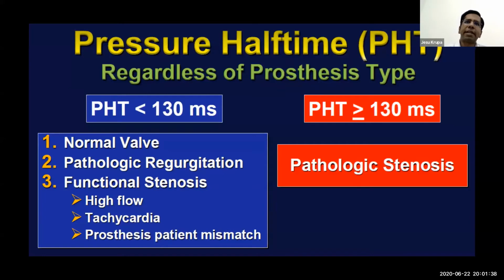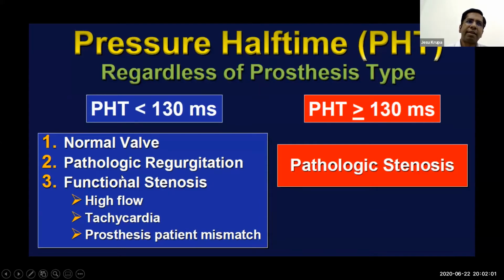Now, pressure half time, like I said, is extremely important, and the reason is this. We looked at the various reasons why you can have a high E velocity, a high mean gradient. That is what is shown here. Except for a normal valve, in all the other conditions you can have a high velocity or a high gradient.